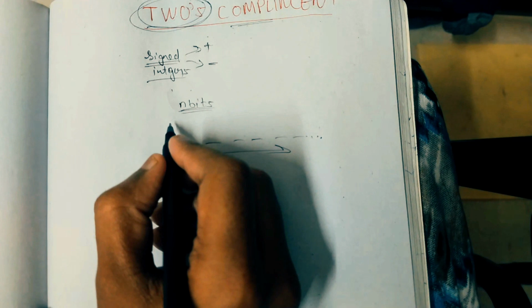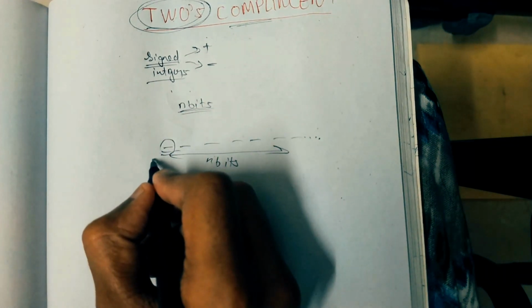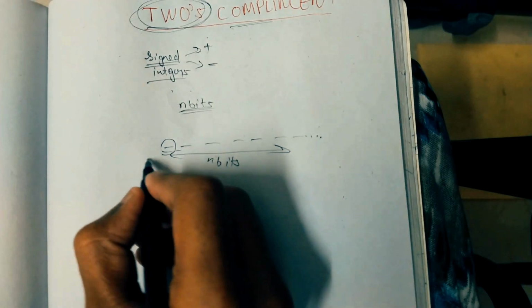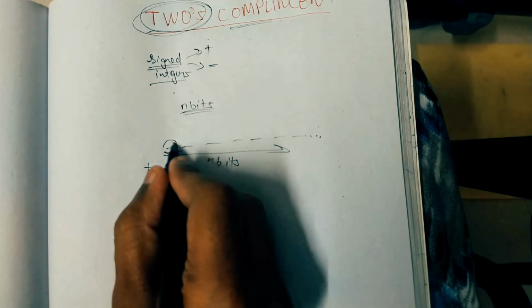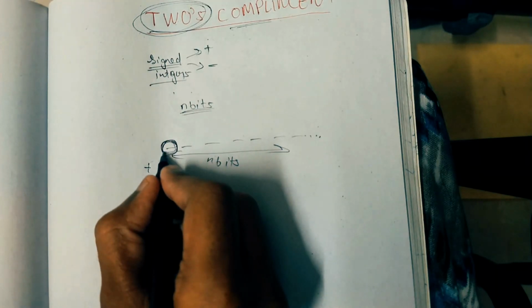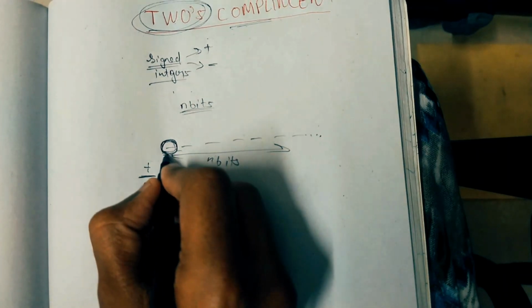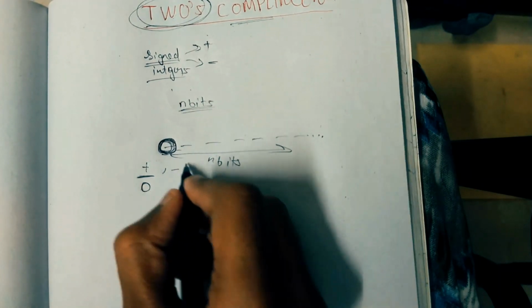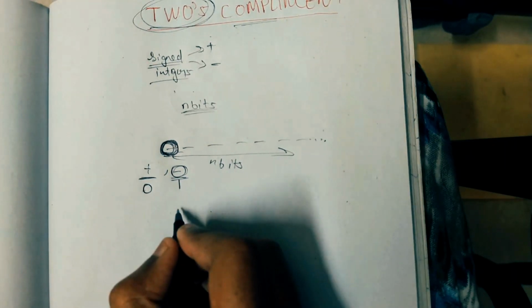We use the first bit to represent the sign of the number, positive or negative. If this first bit, the leftmost bit, is 0, then the number is positive. If this leftmost bit is 1, then the number is negative.